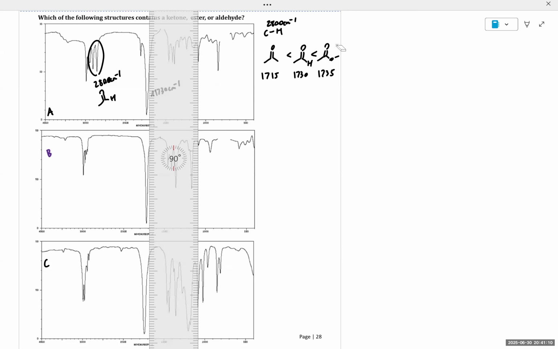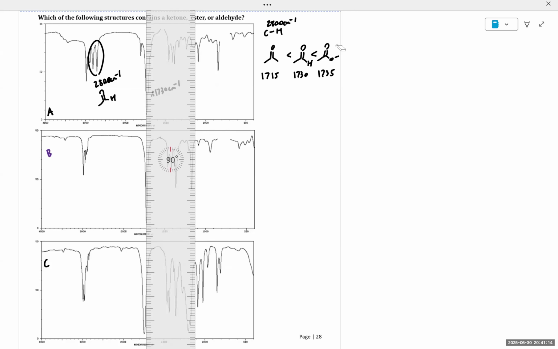Let's see which peak is farthest to the right. So we have our aldehyde. And as we can see very clearly, peak C is the farthest to the left, and it has the highest absorbance value. So I'm going to tentatively assign peak C to be my ester, and peak B I'm going to tentatively assign to be the ketone.